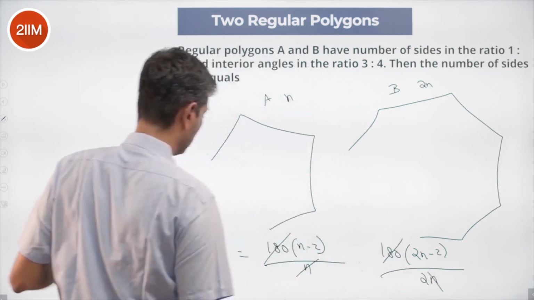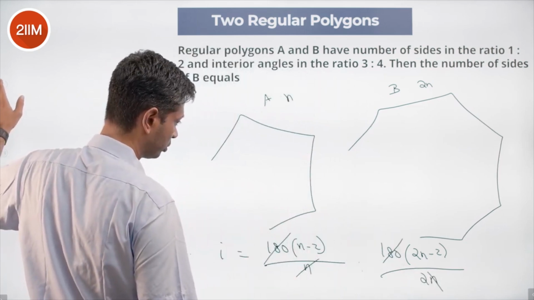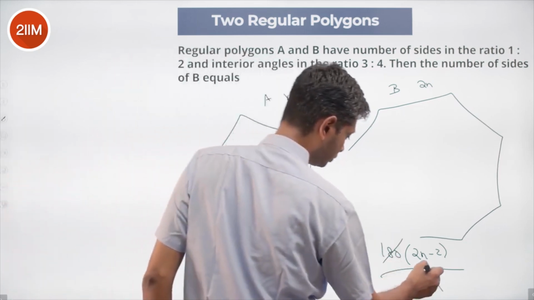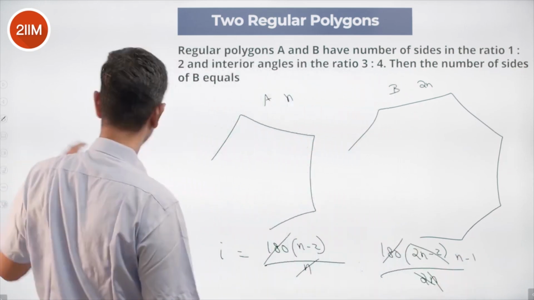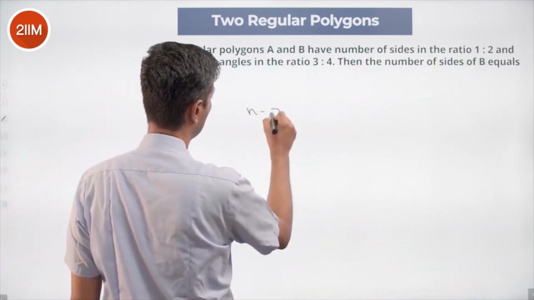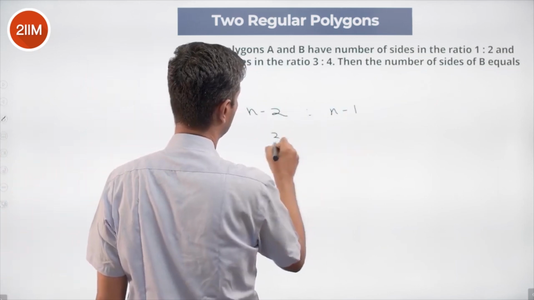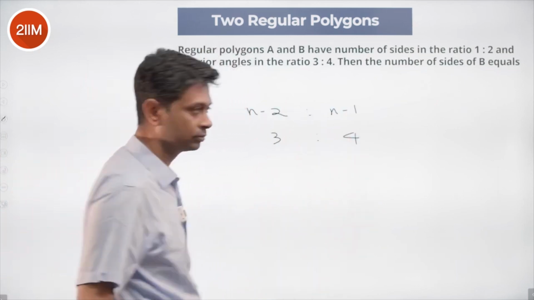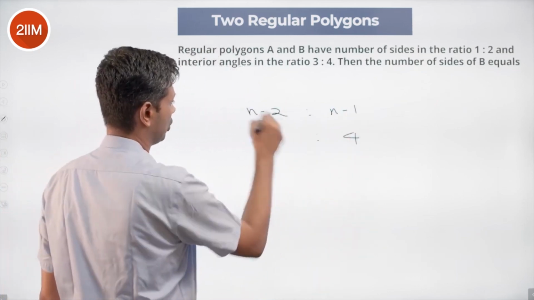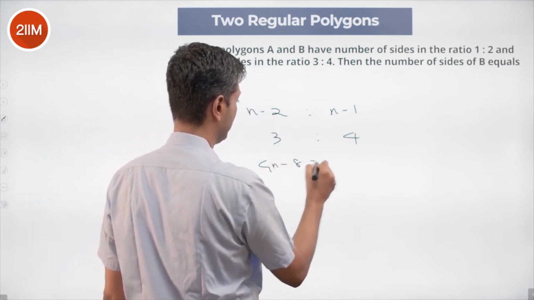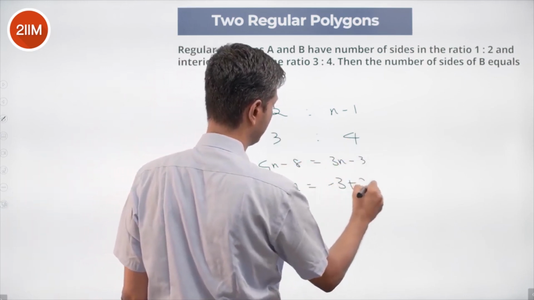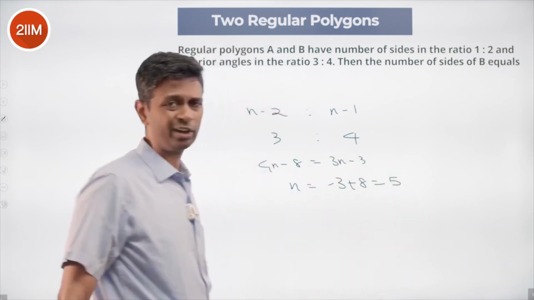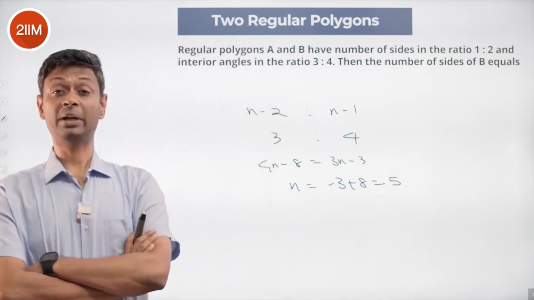This 2 goes there. 2 into (n minus 2), or we can cancel even the 2, it becomes n minus 1. n minus 2 is to n minus 1 as 3 is to 4. If you cross multiply and simplify, 4n minus 8 is 3n minus 3, n is minus 3 plus 8, which is 5. So polygon A is a 5-sided polygon, which is a pentagon.